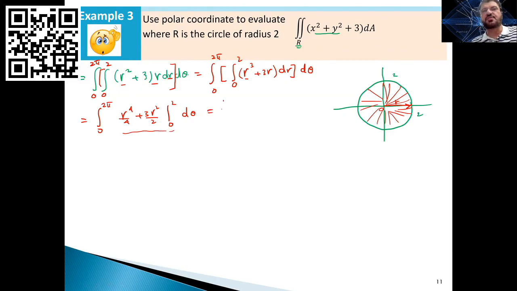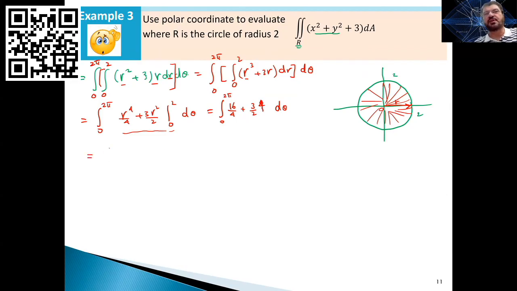Put the 2 first. So this is 0 to 2 pi. Plug in the 2. 2 to the 4 is 16 over 4 plus 3, put the 2 here, 4 over 2. And then, of course, when you put the 0, it's gone. And this is d theta.